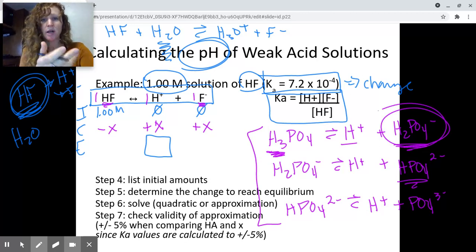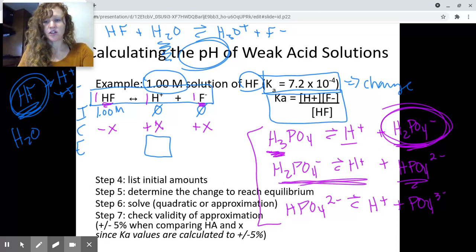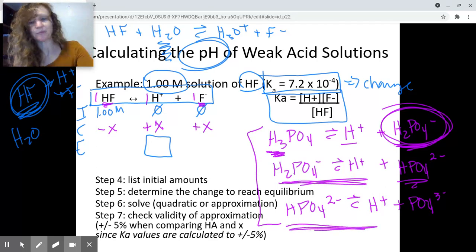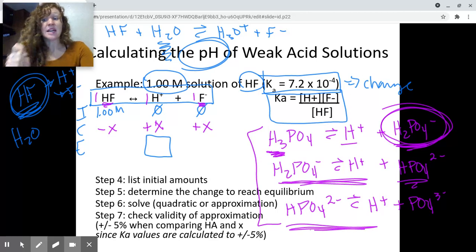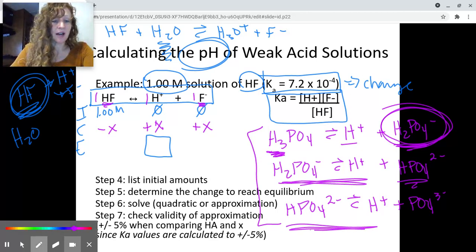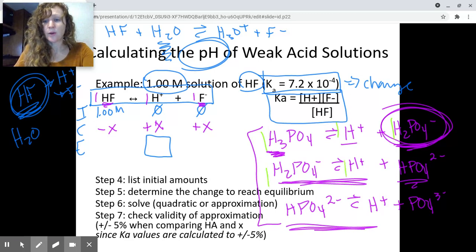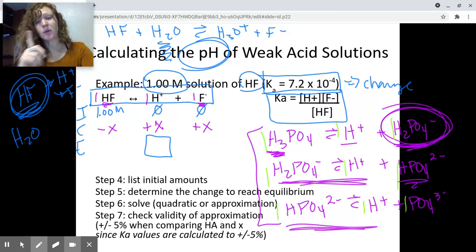Once it protonates 1, it still has hydrogens left, and maybe it can act like an acid under the right circumstances and give off a second hydrogen and possibly even a third. But it's going to do this one at a time with 3 different reactions. So look at all 3 of these reactions: 1 to 1 to 1, each time. So acids do this. They protonate one at a time.